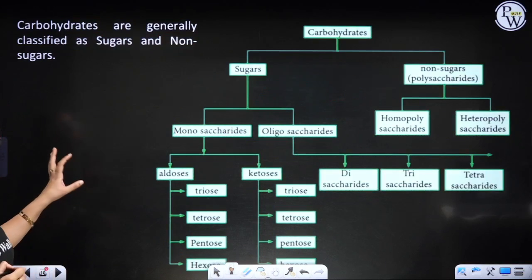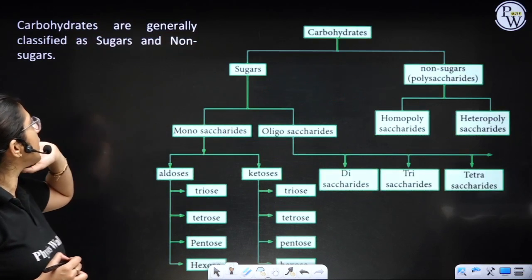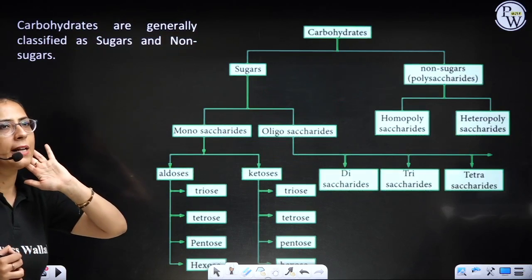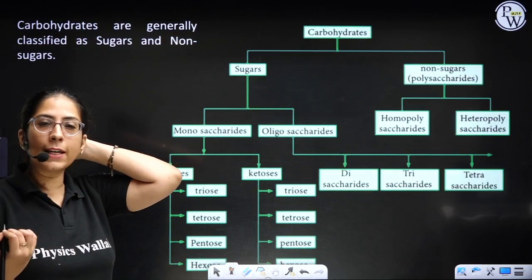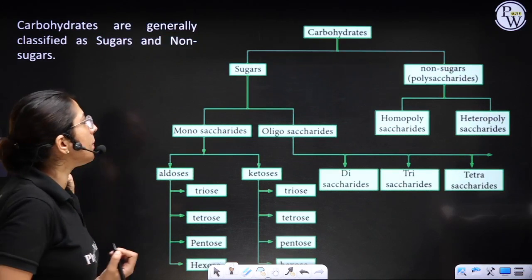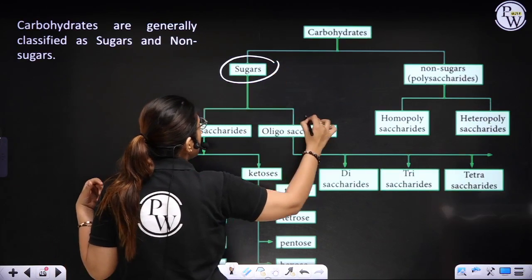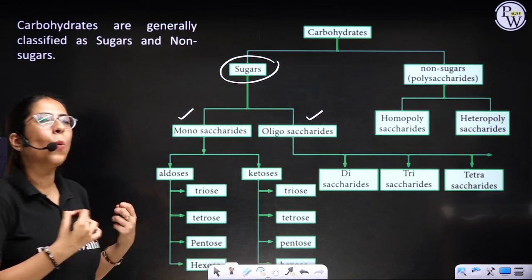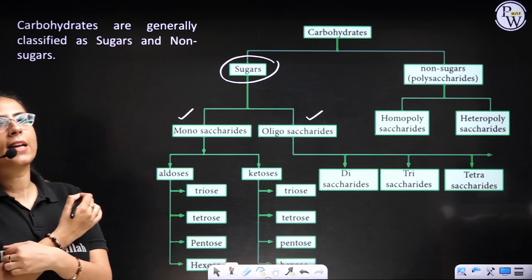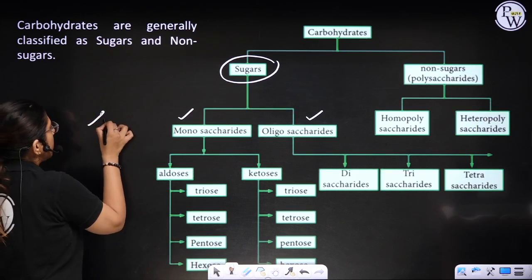Now moving on to the next, carbohydrates are generally classified into sugars and non-sugars. So basically sugars are your monosaccharides and the oligosaccharides. Now why is this name being given? Monosaccharide means a single unit is present.